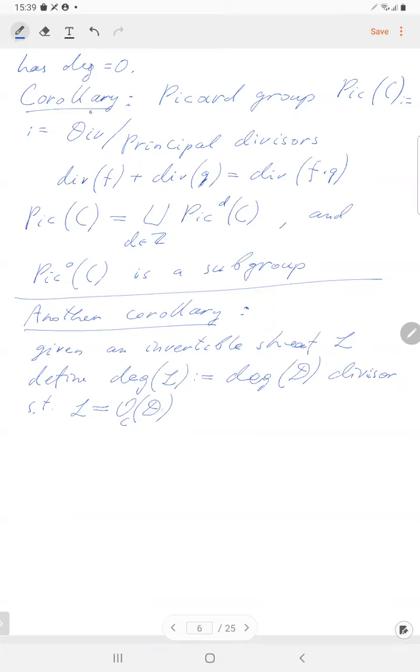It's associated to a divisor, right? But it depends on the embedding of this locally free sheaf into the field of fractions. So there are many ways to realize a given invertible sheaf as OC of D, but the degree is well defined. That's the point of this corollary.